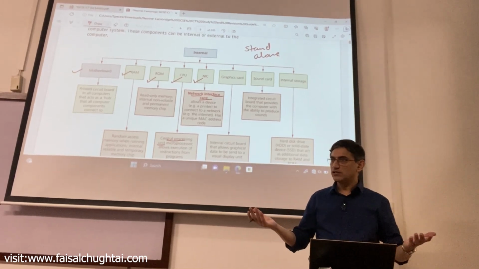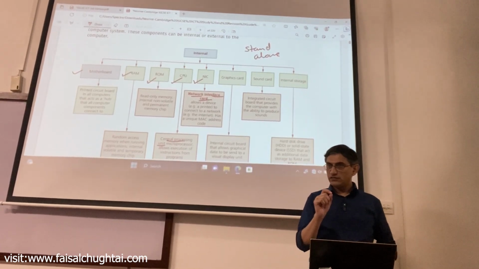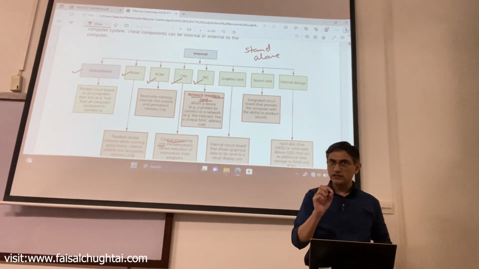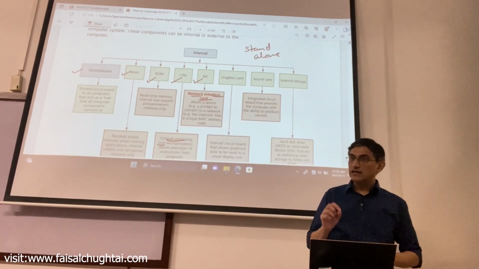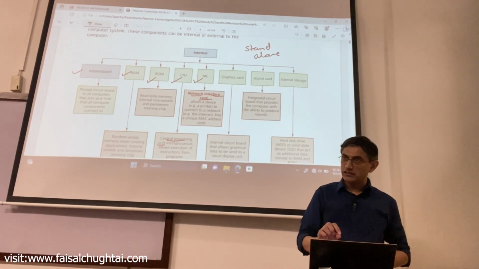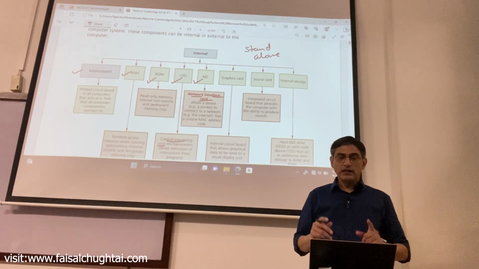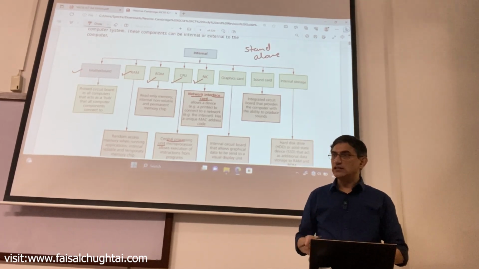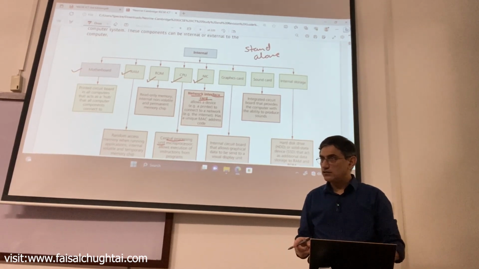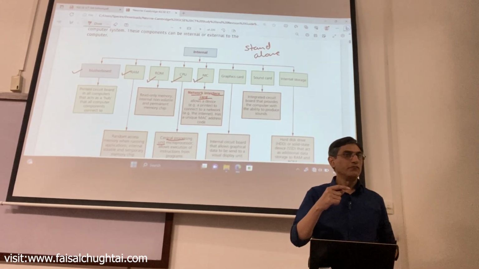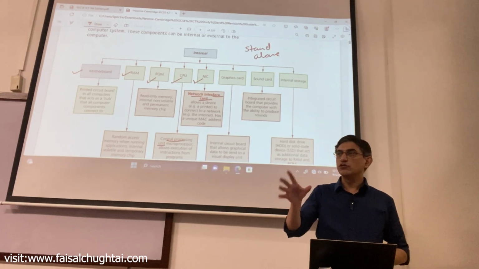So it's a network. Now, what is it that we are doing? We are talking about an internal piece of hardware that gives a computer the ability to connect to the internet. Hence, if there is no NIC, or network interface card, which is a hardware component inside your computer, you cannot connect your computer to a network.